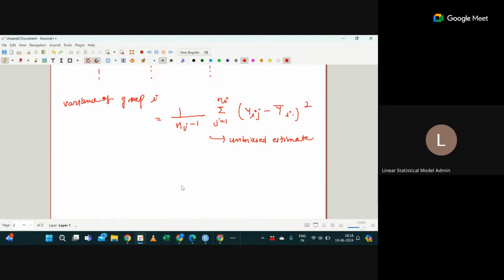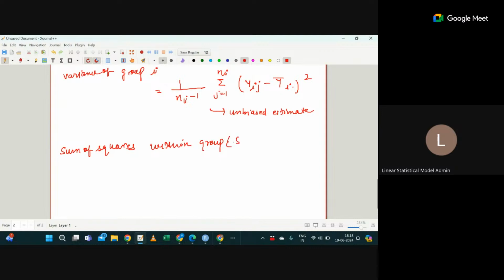Now if you see this formula, sum of squares, here I'm talking about sum of squares within group. Normally we will write this as SSW. Here, just think, we have to do this for every group.